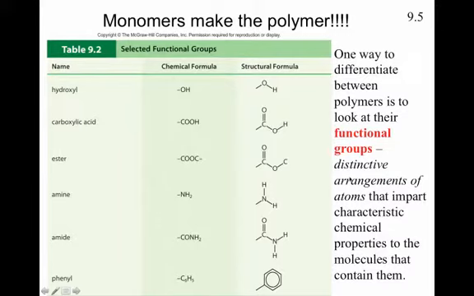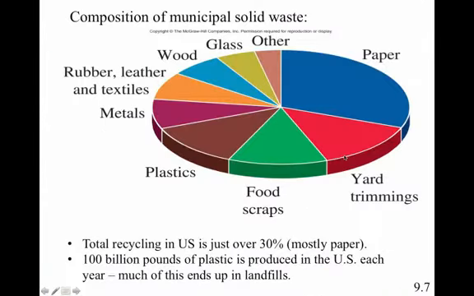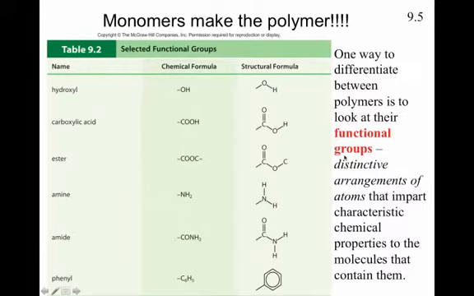The monomers make the polymer, right? Okay, but now I've taken ethylene and I've started adding different side groups we call functional groups. This is a big concept in chemistry, so I want us to spend a little bit of time on this.